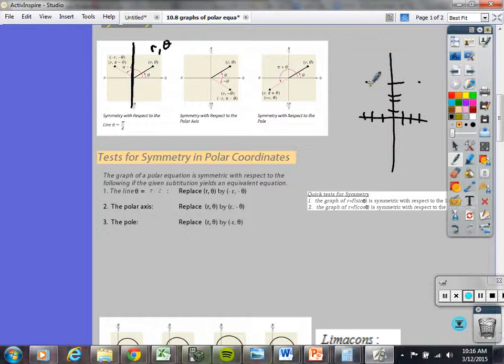But if you think about this in polar, it doesn't have x's and y's. It has angles and radius. Wouldn't this be on the same radius? So does your r switch? No, and that's what this says right here.